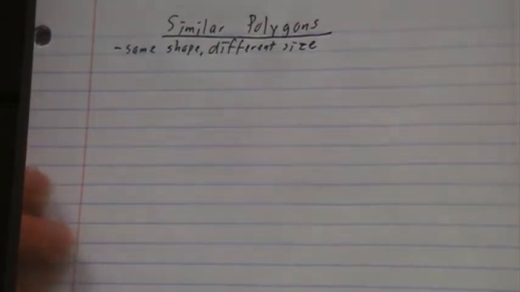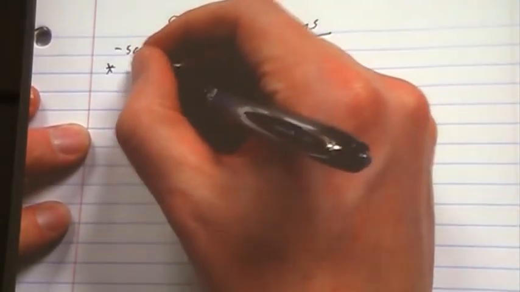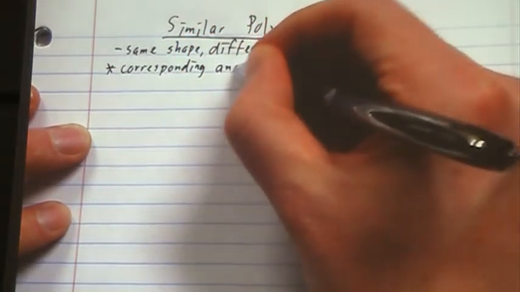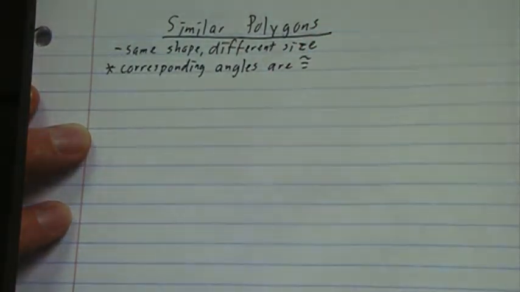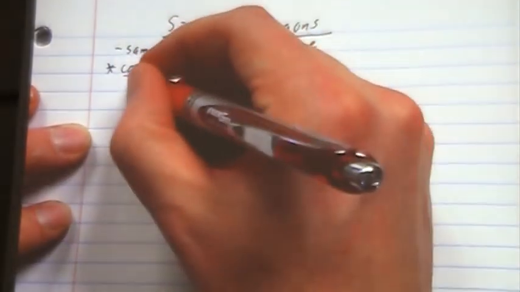Now, key terms: corresponding angles are congruent. And remember, corresponding means same location.